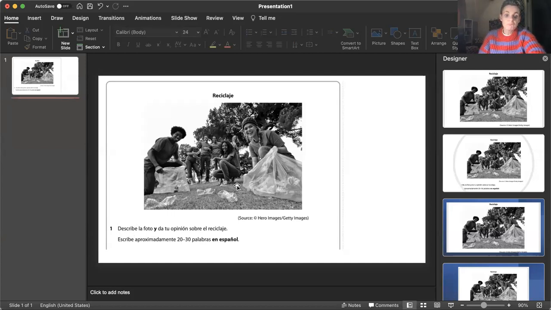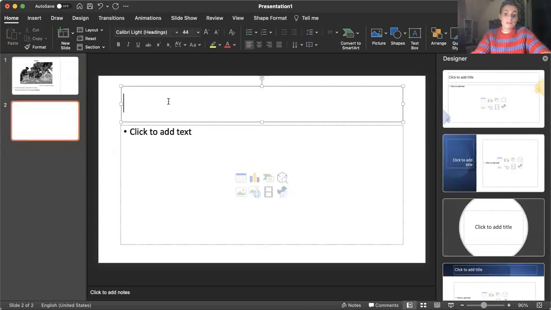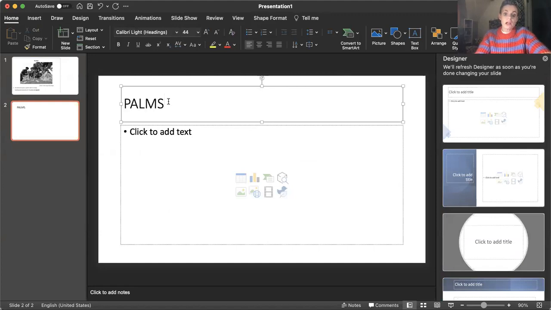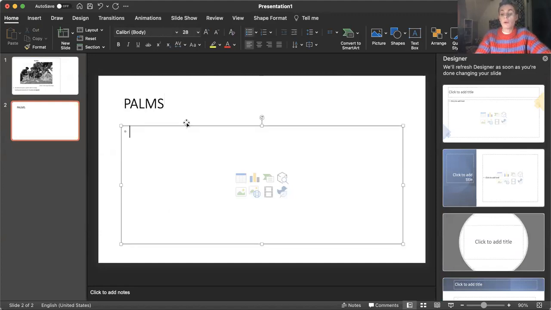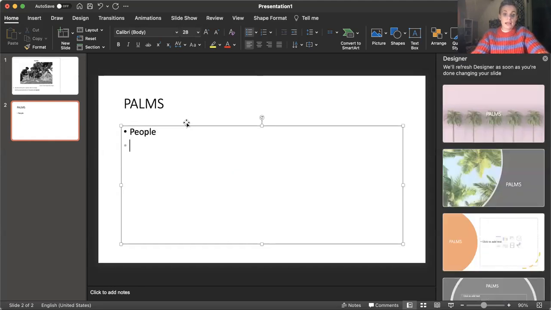So when we're describing a photo, we always use our acronym, which is PALMS. It's really quite a good thing to remember, just like this acronym. I really find it useful to remember acronyms. So PALMS stands for people, action, location, mood, and season/weather if it's an outside photo.